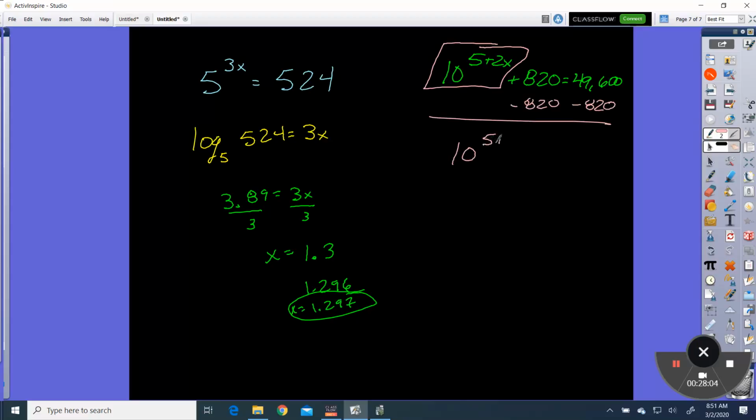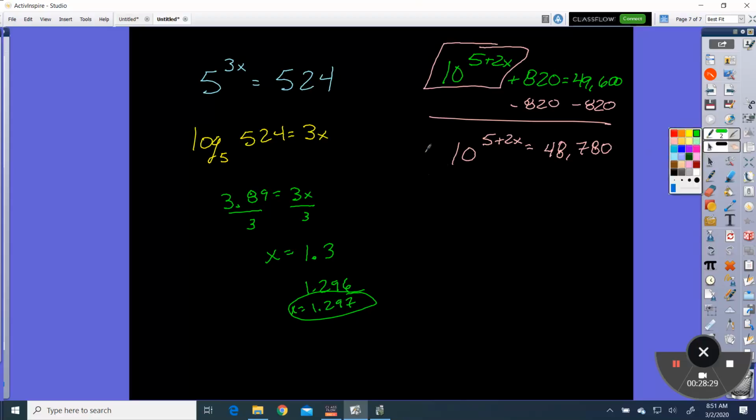So I have 10 to the 5 plus 2x equals 49,600 minus 820 is... Yep, 48,780.